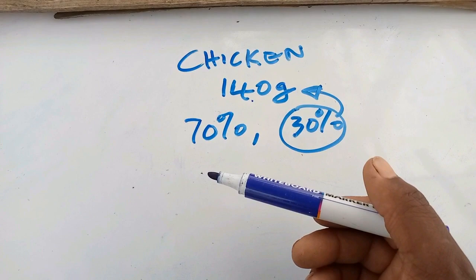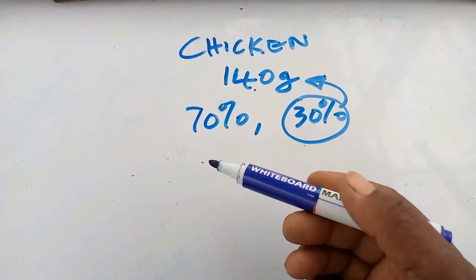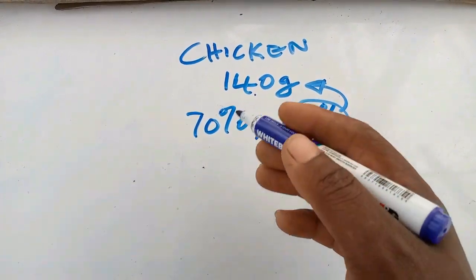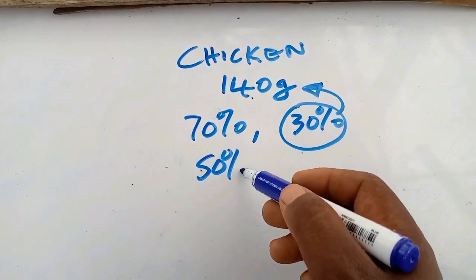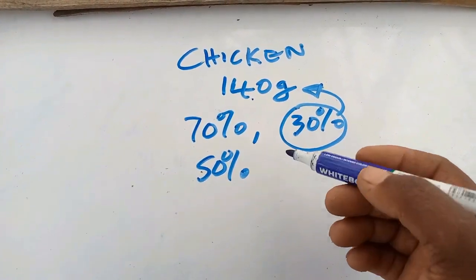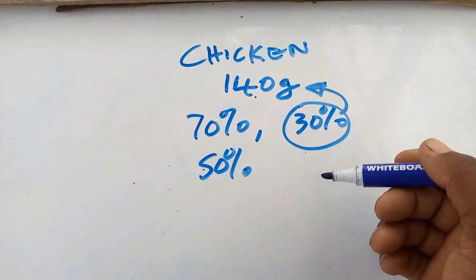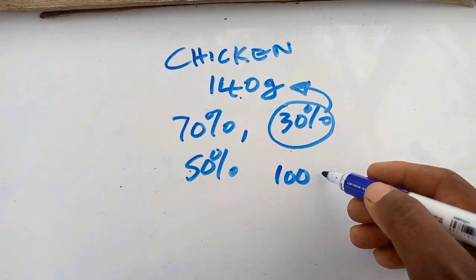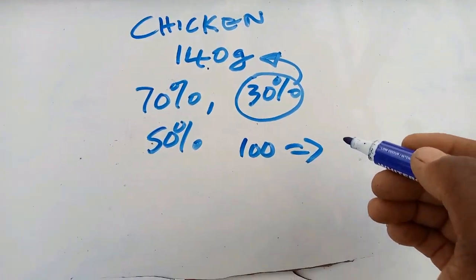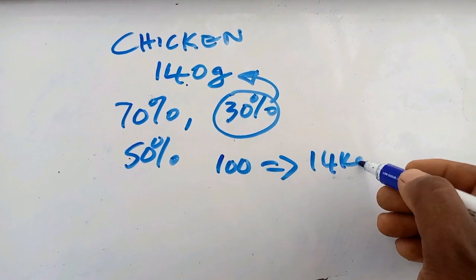Now let me deal with an example here whereby we take our percentage to be 50% fodder and 50% commercial feed. That implies that if we have 100 chicken, 100 chicken will require 14 kg.